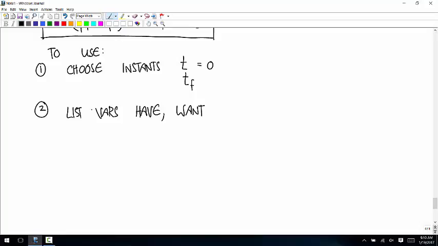And there's just a finite list of variables that you're considering. So you can go through them one by one. Do I know this? Do I know this? Do I want this? So these are time final, acceleration, P0, P final, V0, and V final.